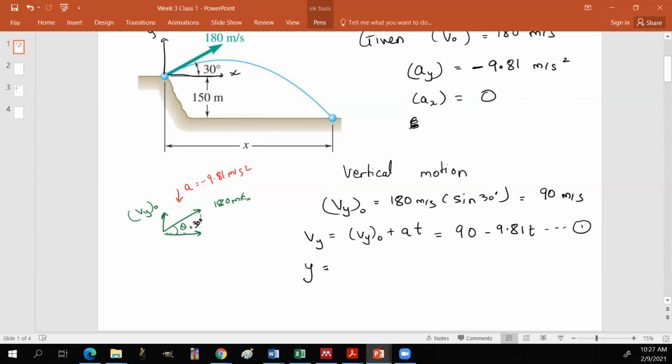For the position, we don't need to integrate it again, we've already derived it in class. So that's just Vy naught t plus half a t squared, which equals 90t minus 9.81 t squared divided by 2. We can simplify that to 90t minus 4.90 t squared. Good stuff. All right.